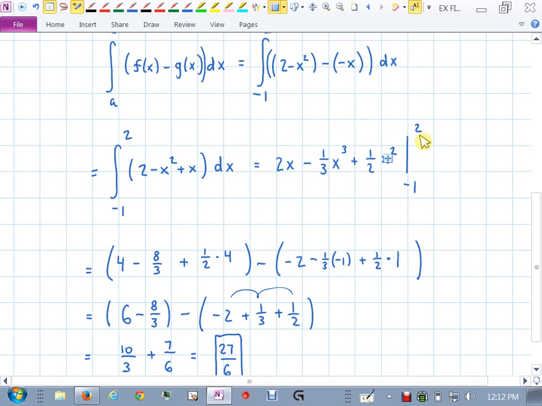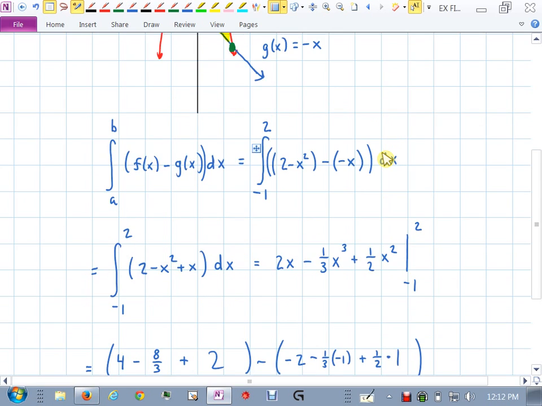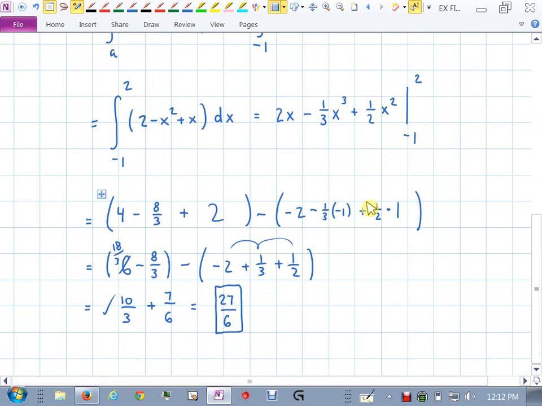Okay. 2 goes in here, 4. 2 goes in here, 8, negative 8 thirds. 2 goes in here, 4. This is 2. Yeah, that's 2, and then that's 6. 6 minus 8 thirds, that's 18 thirds minus 8 thirds, that's 10 thirds. Okay, that's good. Oh, we haven't plugged in negative 1? Is that what you're saying?